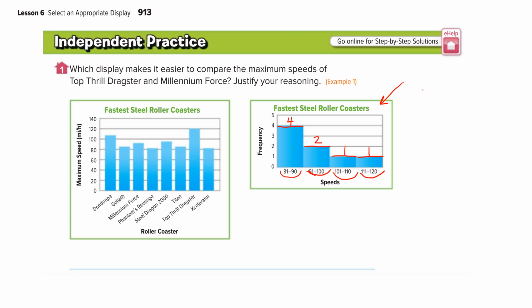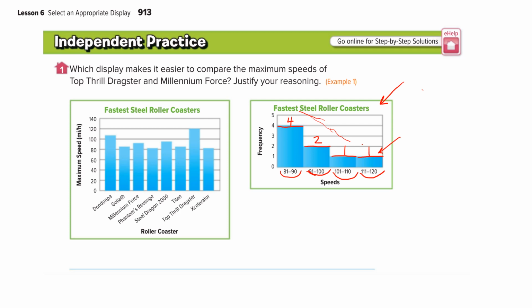So, for example, this one roller coaster, I don't know what its exact speed is. I do know that it's faster than any of the others, but I don't know the name of the roller coaster or any other information about it.